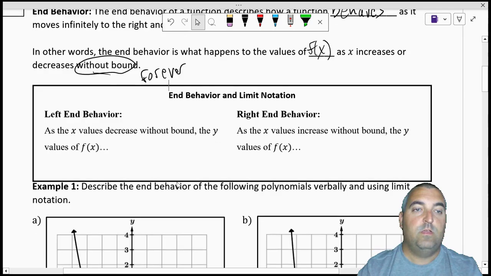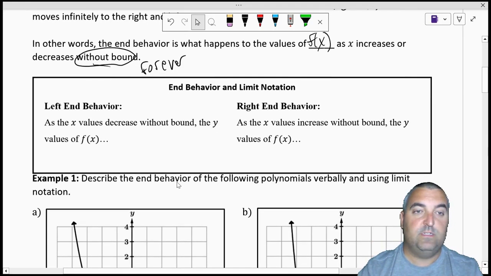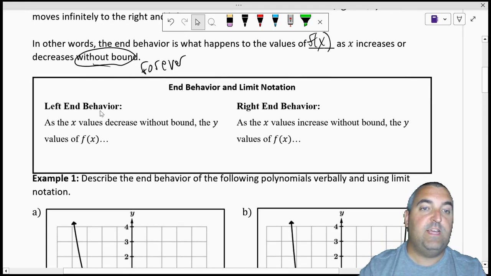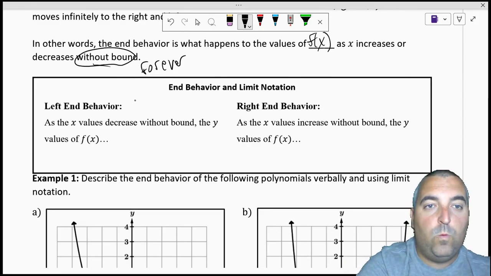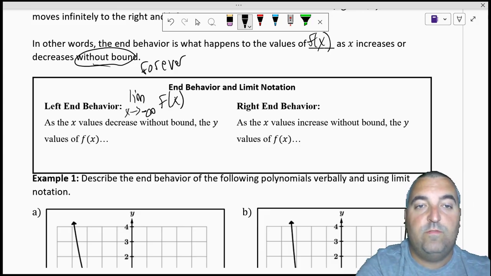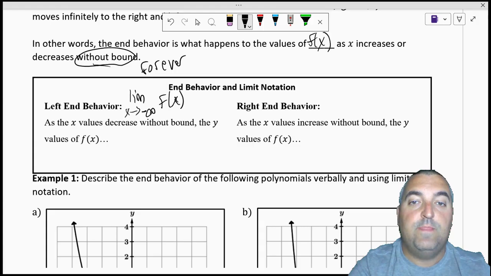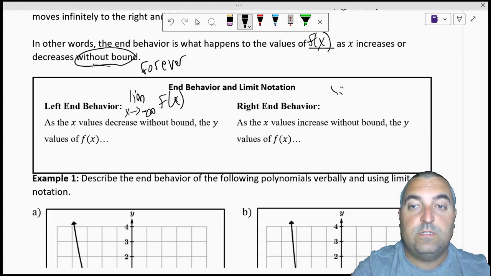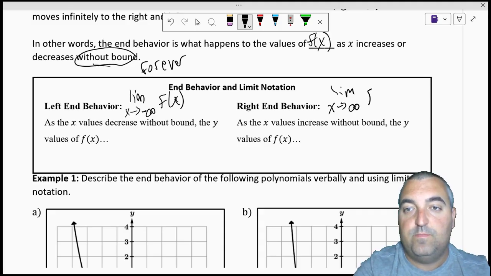So there's some notation we have to do here. Left end behavior, the way we write this is we write lim, which stands for limit. And it's saying as x approaches, because we're talking left, negative infinity of whatever the function is. And then right end behavior is almost identical, except it's to positive infinity.